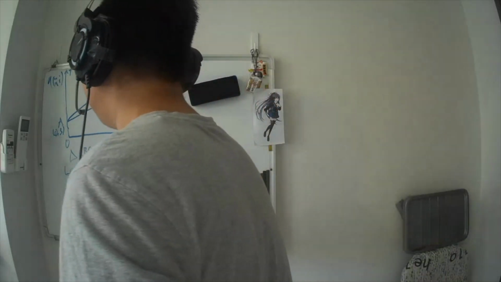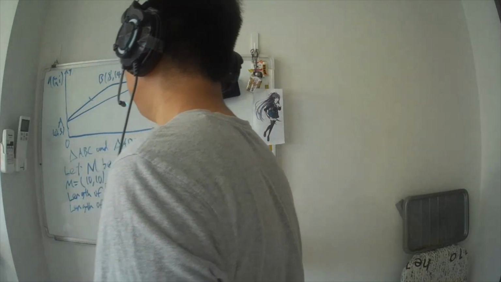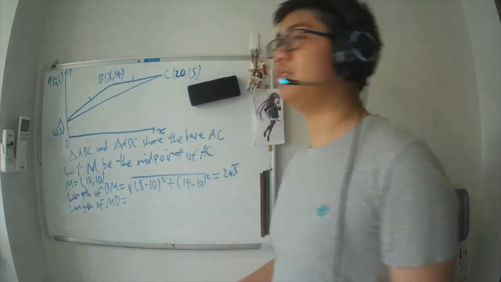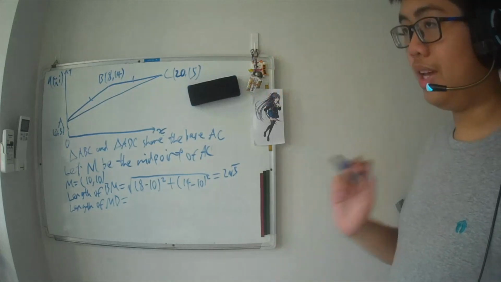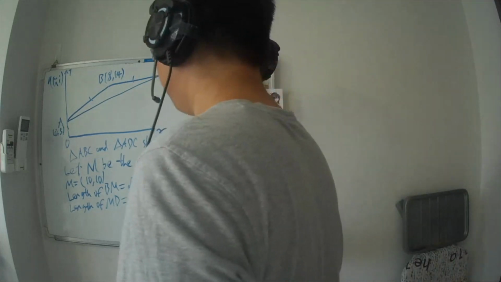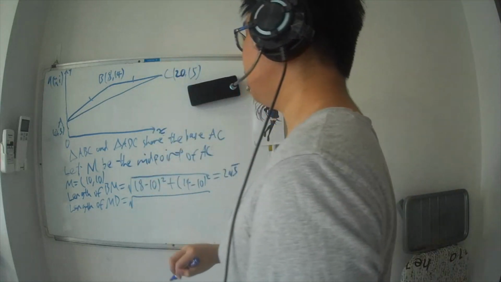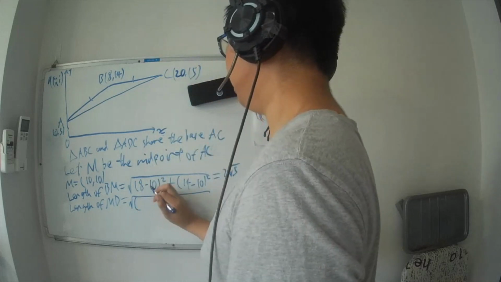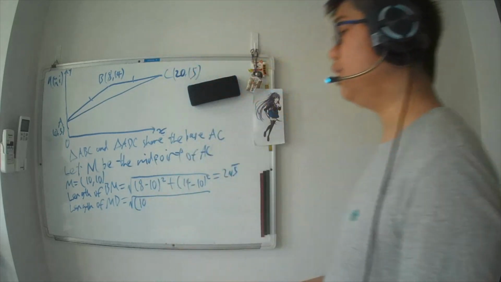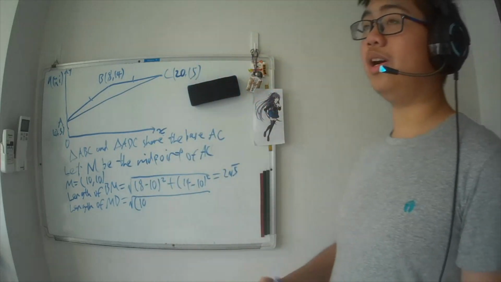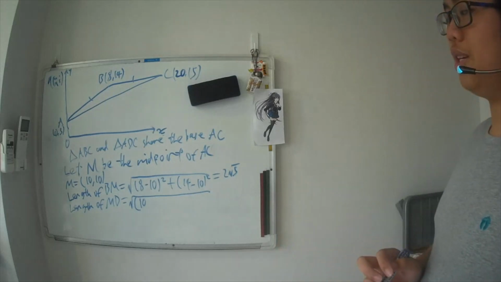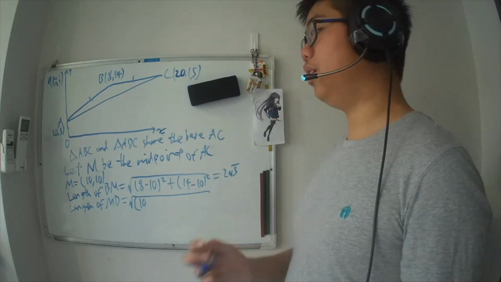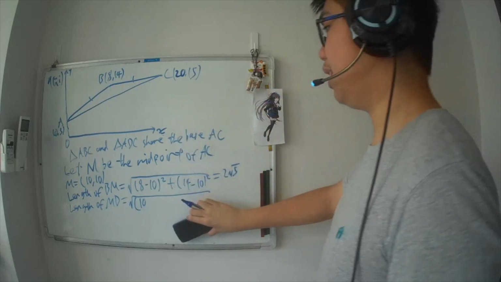Then length of MD. MD is the height of the triangle ADC, isn't it? So same thing, square root, okay? So we will have to do x2 minus x1 again. We'll use 10 here. Now the x coordinate of D, we did not figure it out, but we know that if we just substitute y equals 0, so maybe I'll write this on the side here.